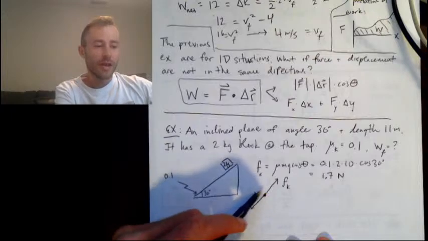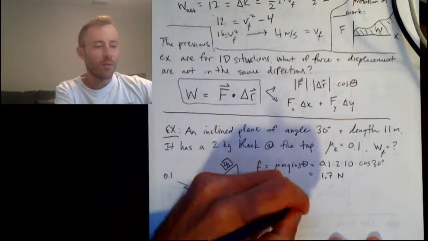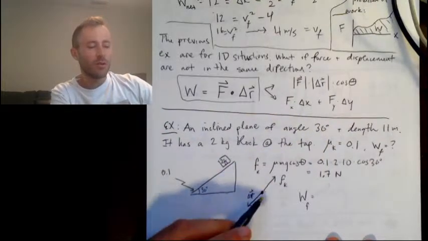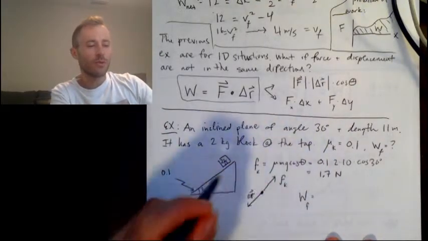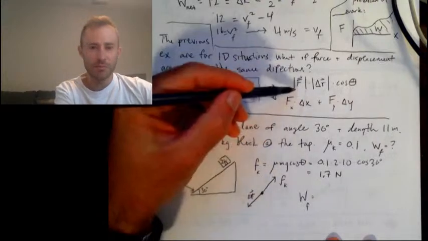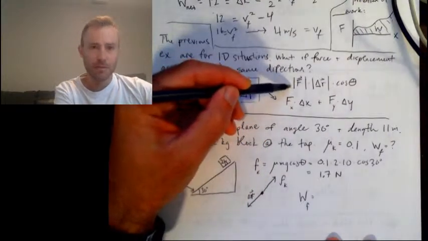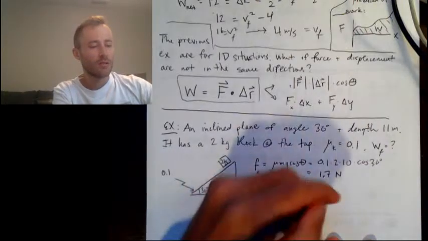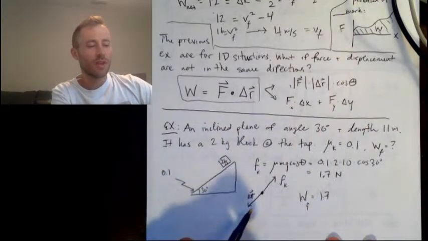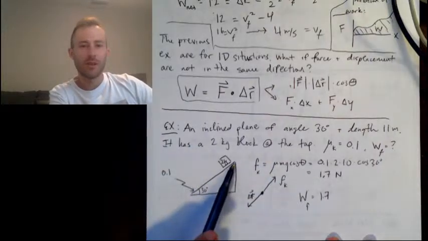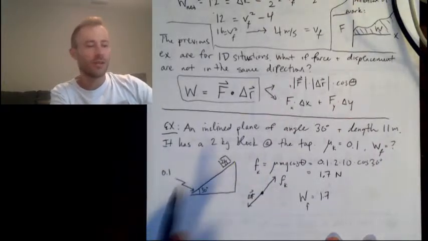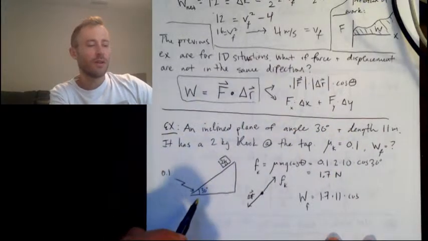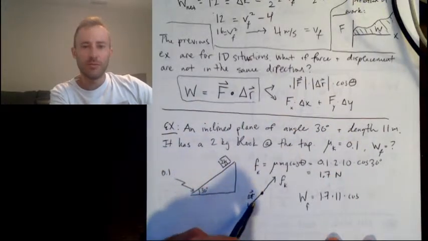So if I calculate my work done by friction, I'm going to use this version of the work equation: the magnitude of the friction force, 1.7, times the size of the displacement, from this part of the incline to the bottom, so 11 meters, times cosine of the angle between these two vectors.